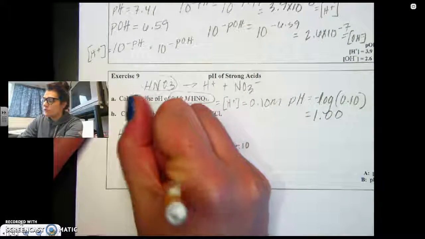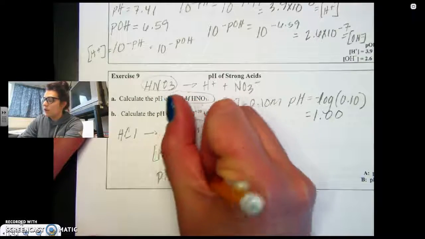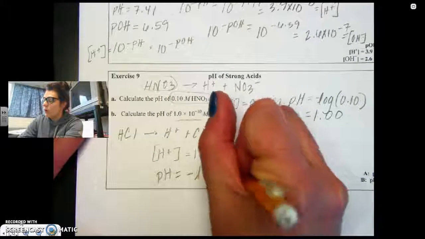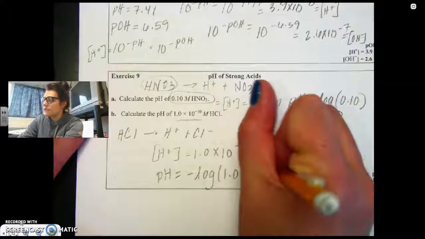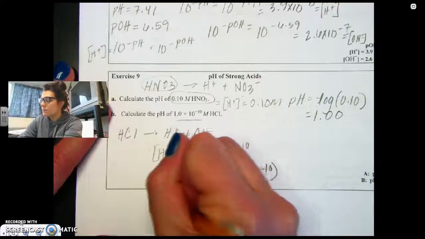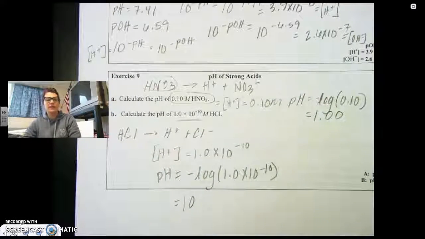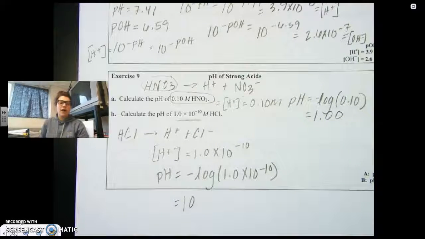So then the pH will be equal to the negative log of 1.0 times 10 to the negative 10, which gives us a pH of 10. So that acid, even though HCl is a strong acid, it's not a very concentrated solution of HCl, so it's actually going to give us a basic pH.